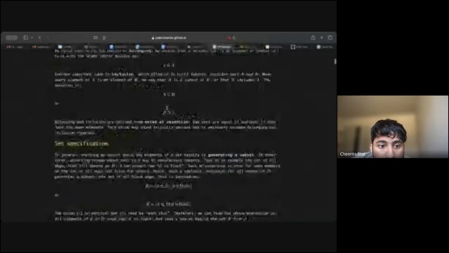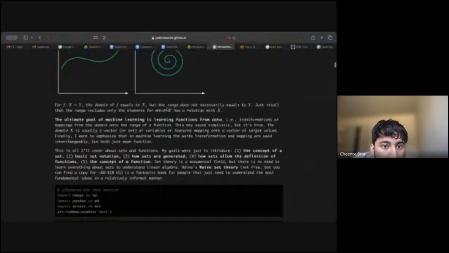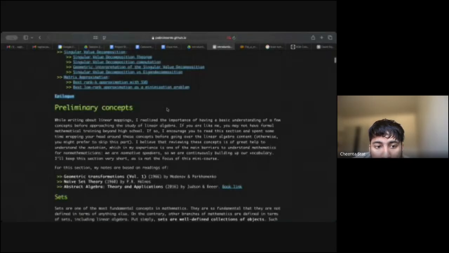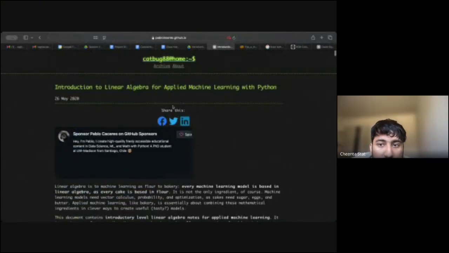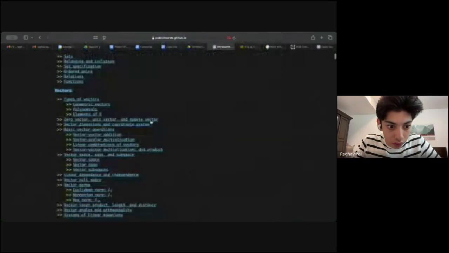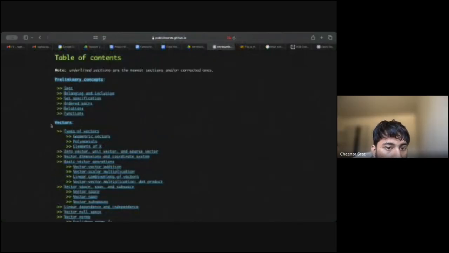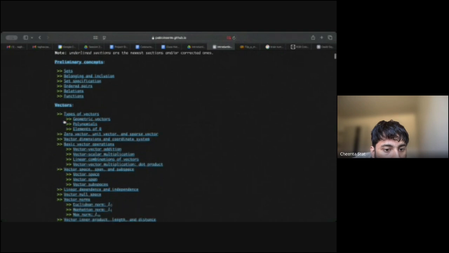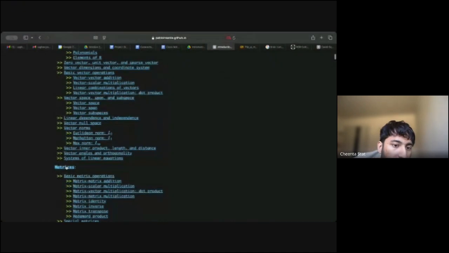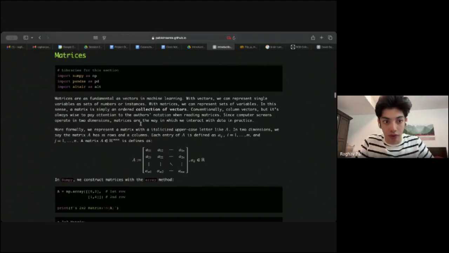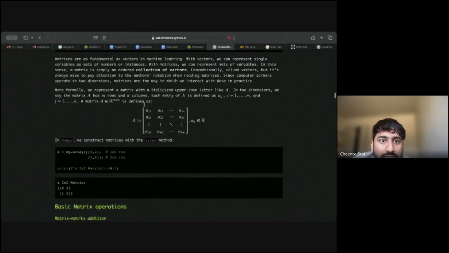I cannot see your screen. Yeah, go down. Go to the content section. Go to vectors and go down. Yeah, matrices. You can read this matrices part. This will give you a good idea about linear algebra very well.